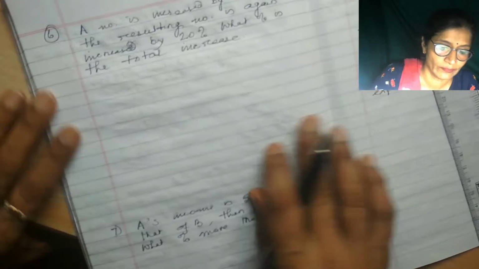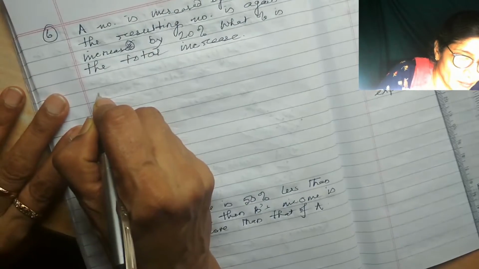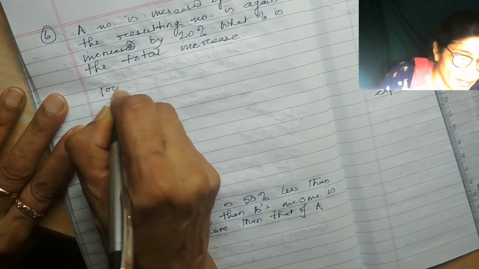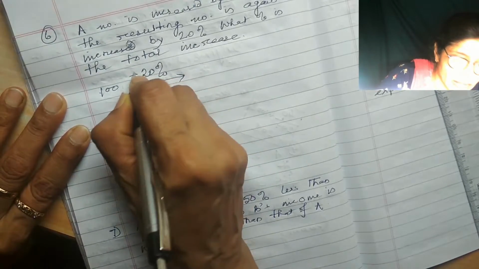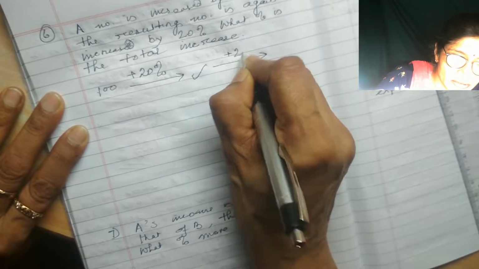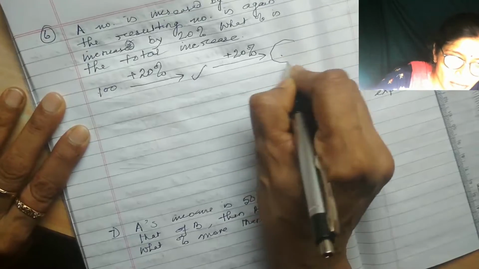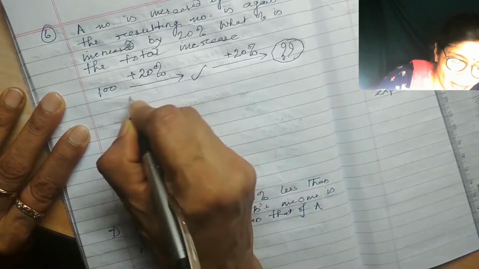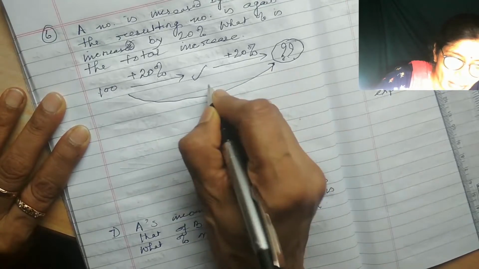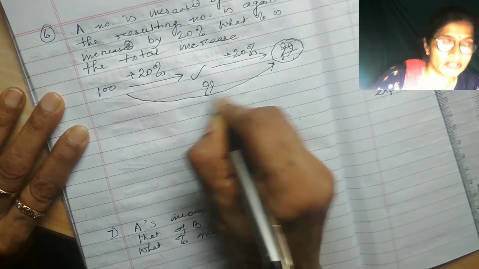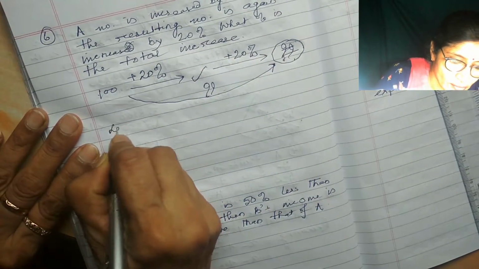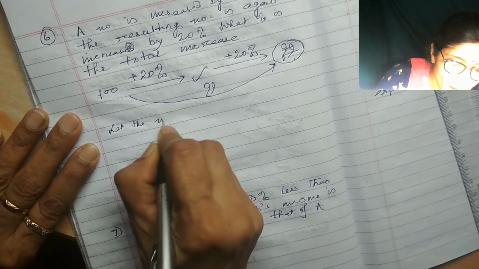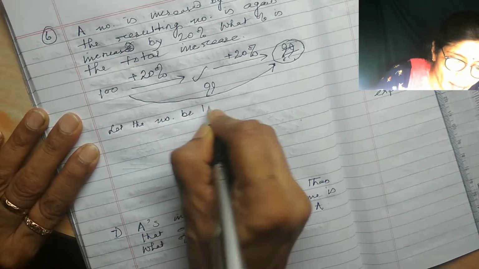So let's see, some number is there, so let the number be 100. After a 20% increase, and then whatever you get, again a 20% increase is there. Then it asks how much the total increase will be. So let the number be 100.